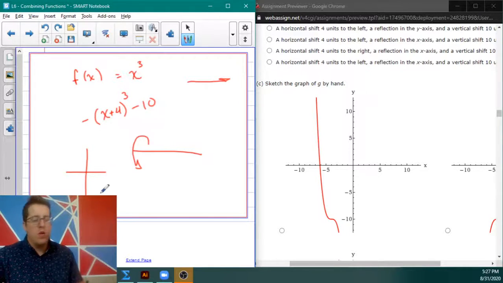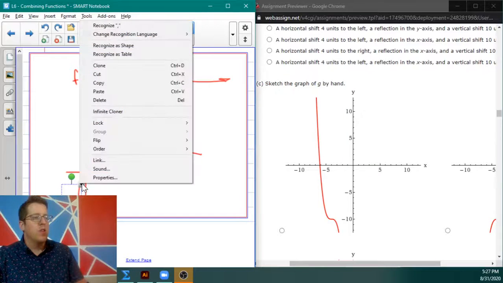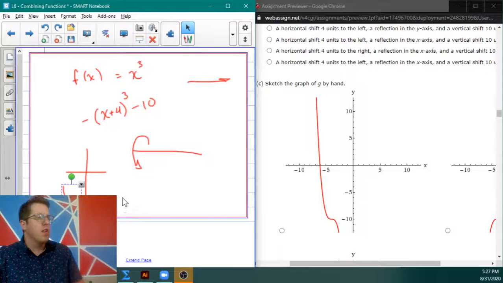So we want to take our function. So this is what the parent function looks like. We want to move it 4 units left, 10 units down, and then we want to reflect it in the x-axis. So we're looking for something that looks like this.